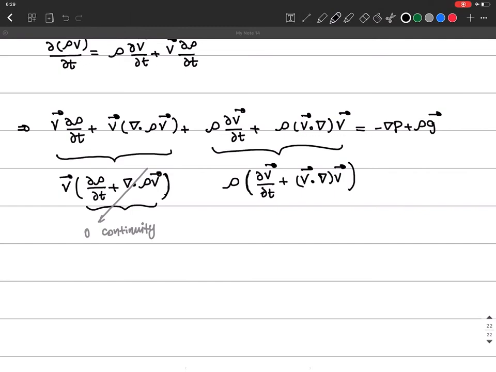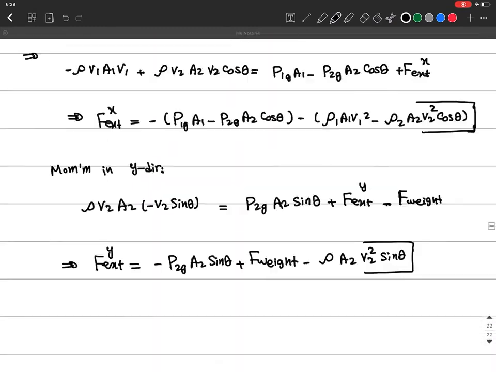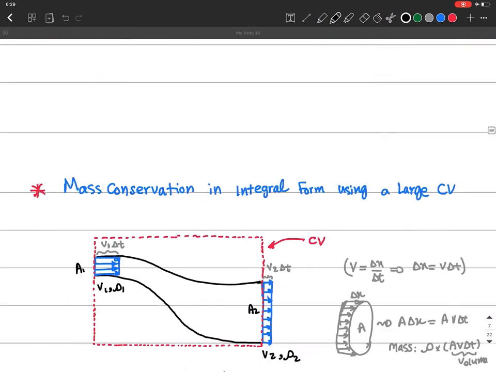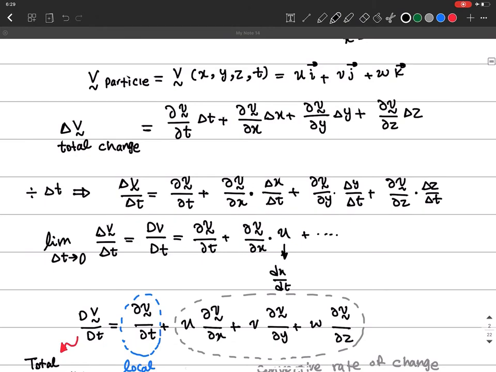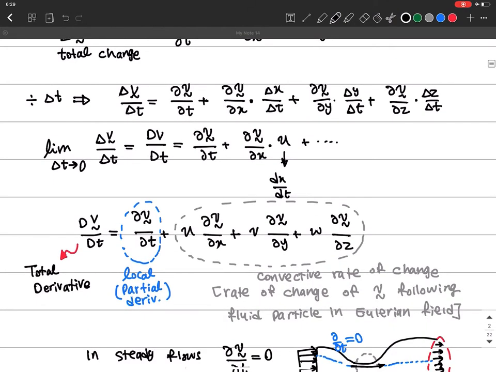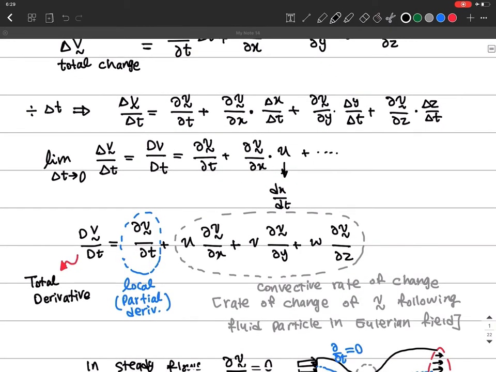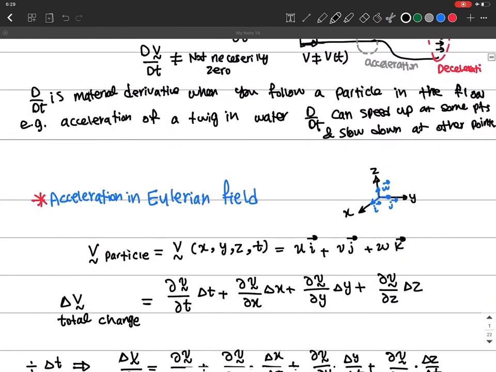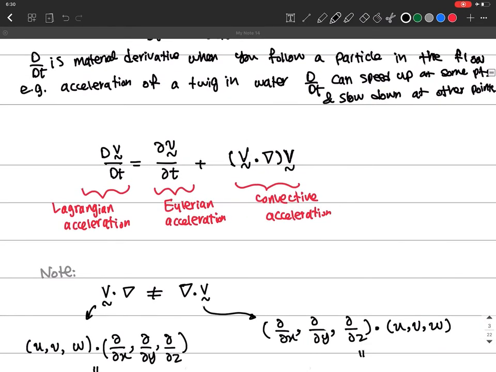How about this term? What does this remind you? Let's go back again to the material derivative. Here.